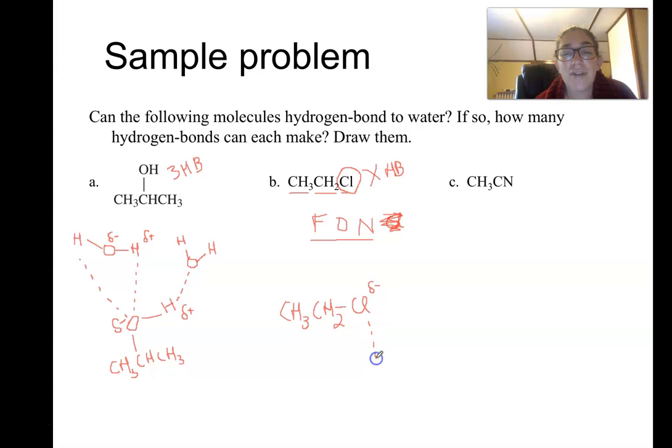The oxygen or the hydrogen? Hopefully you said the hydrogen, because it will be partially positive. All right, but this is not a hydrogen bond. All right, this, what I've drawn here, is a dipole-dipole attraction, just a regular dipole-dipole attraction. I'm going to call it dip.